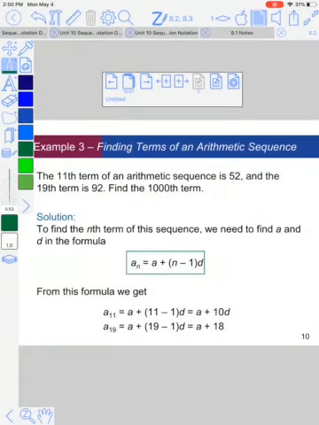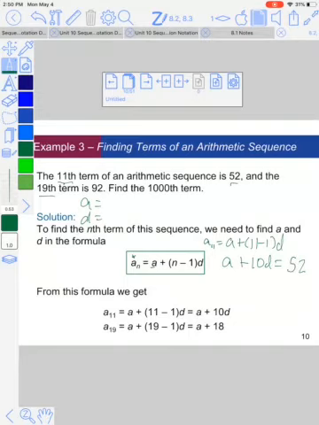Now they're going to give you 2 terms, the 11th term and the 19th term, and you need to find a, your initial term, and the common difference, d, and then you can find any equation. We know a sub n equals a plus n minus 1 times d. So a sub 11 would equal a, which I don't know, plus 11 minus 1, or 10, times d, and that equals 52, because I'm told that 52 is the 11th term.